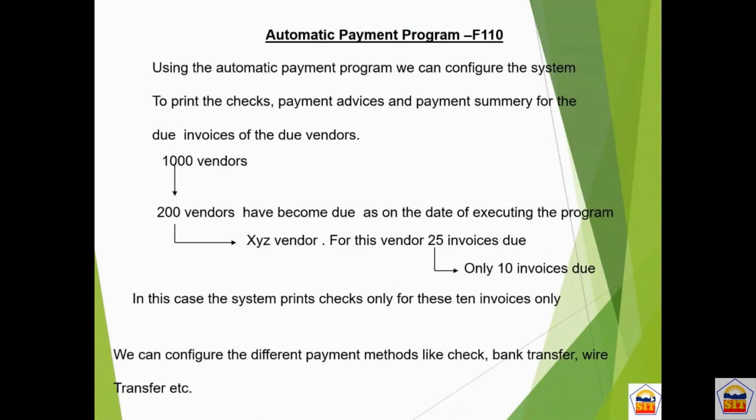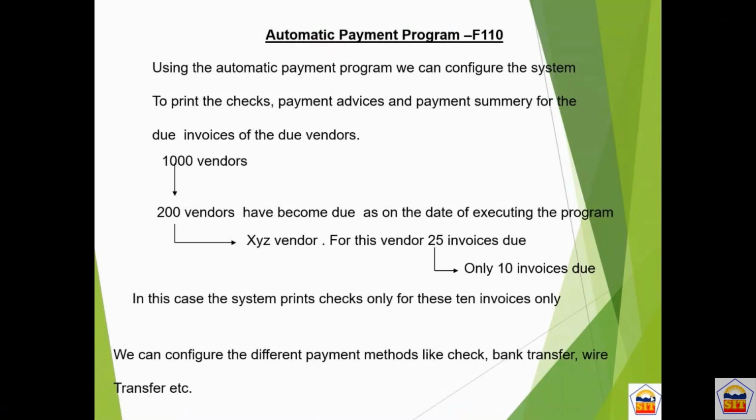For example, we have 1000 vendors in our company, and this payment we are processing on a daily, weekly or fortnightly basis. When this payment needs to be processed is a decision taken by the company. Mostly we take it on a weekly basis. So every Friday we process the payment, and we have 1000 suppliers.